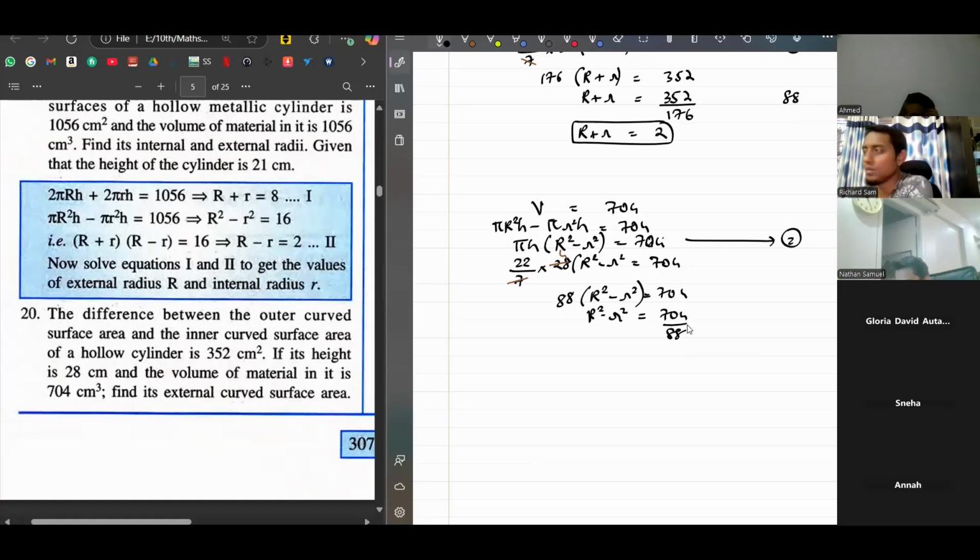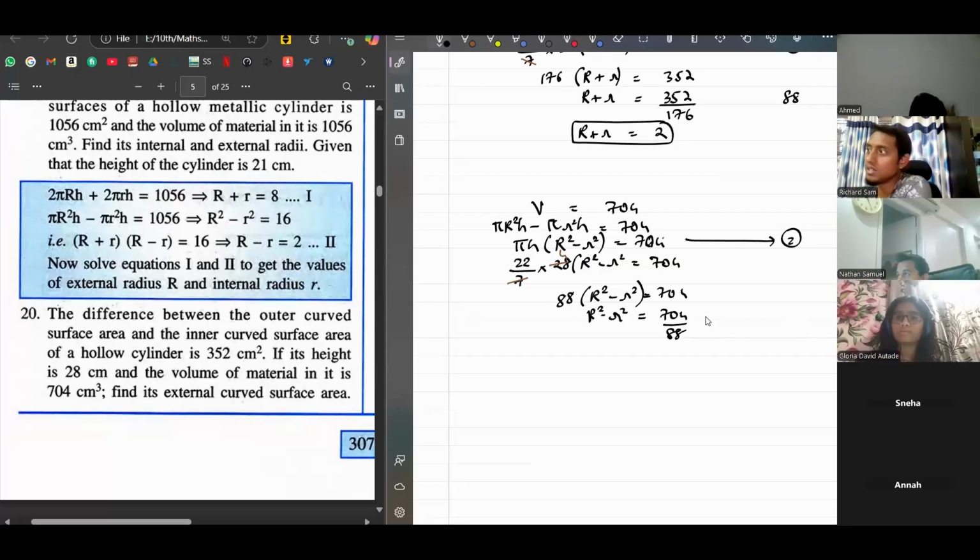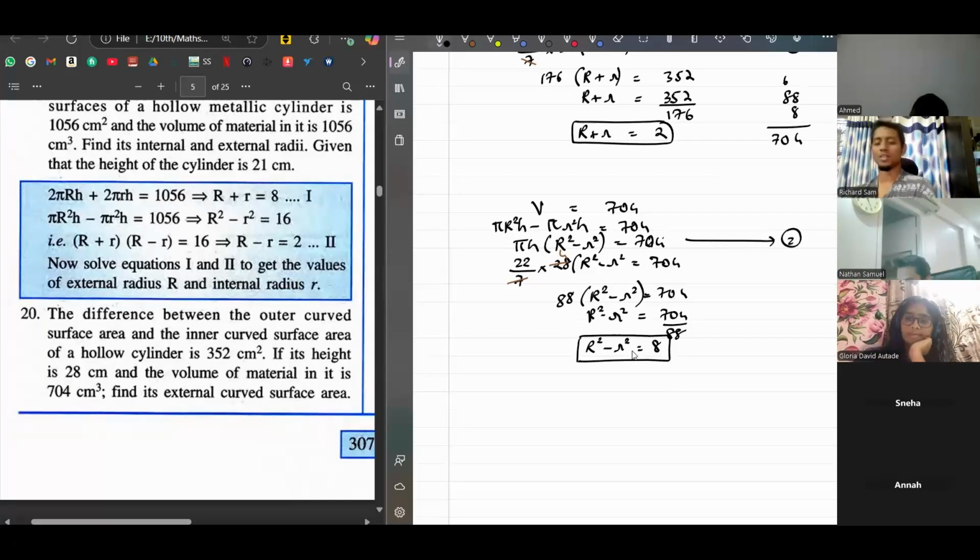Look at the last digit. 8 into how much is 4? 8 8s are 64. So let's try that. 64 plus 6, 70. Okay. So we got R square minus r square is equal to 8. Now what to do? We have R plus r, which is 2, and R square minus r square is 8.